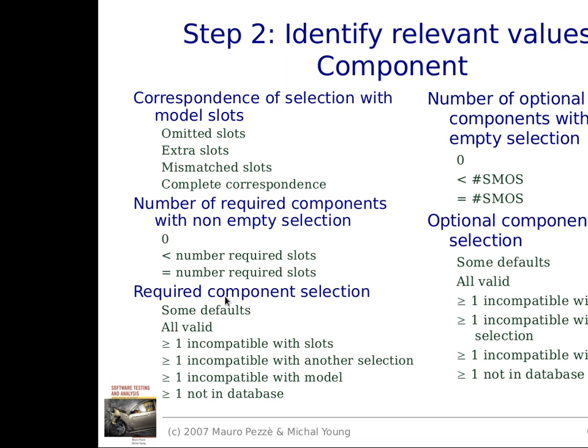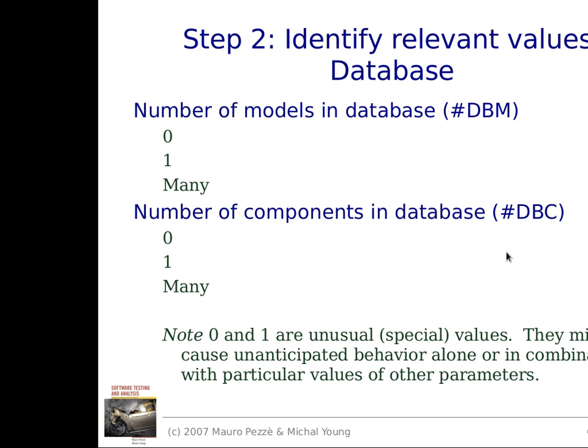For example, maybe you have a component that you want to put inside your optional slot, but you have no optional slots. Might be incompatible with the model, that would have to be in there, or maybe it's not in the database. Number of optional components with non-empty slots, again, 0, less than or equal, and the same thing with the optional. And whatever, databases. So models in database, 0, 1, or many, and components as well.